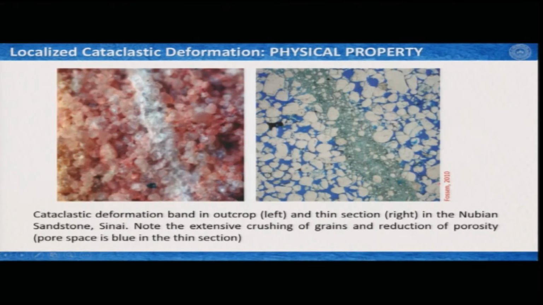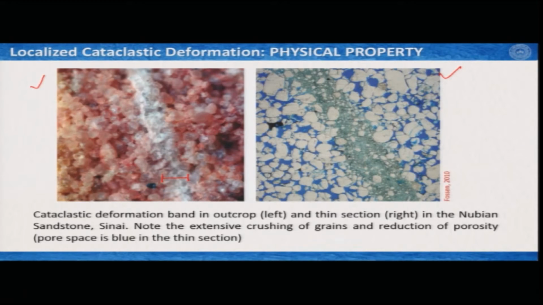Now, let us have a look at some more natural examples, and why we should be concerned about this kind of narrow localized brittle or cataclastic deformation. What we see here is a field photograph, and this is a thin section of the same area. This is about 1 millimeter in the later image.